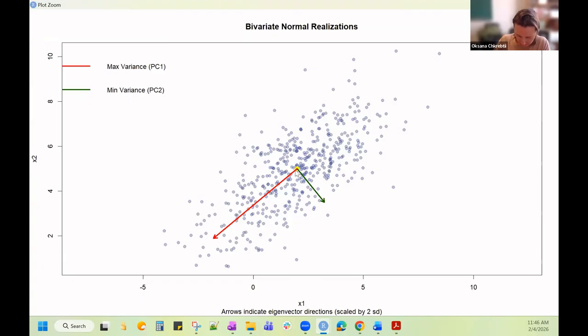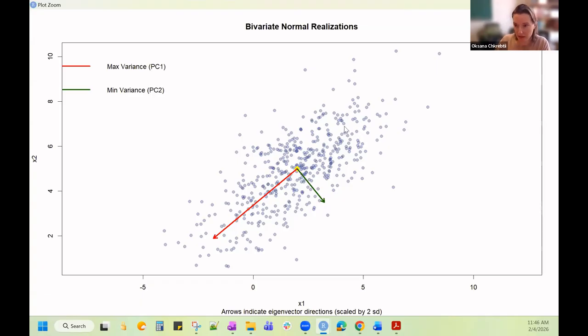The red one here is associated with the largest eigenvalue, and the green one is associated with the smaller of the two eigenvalues, as you can see. So just like the theoretical version, we can see this same pattern occurring when we sample from that distribution.